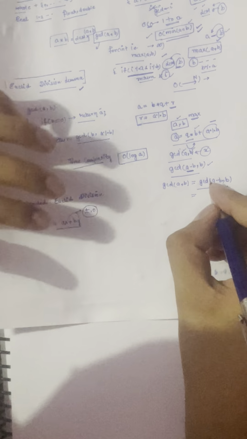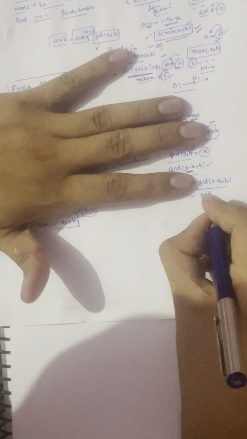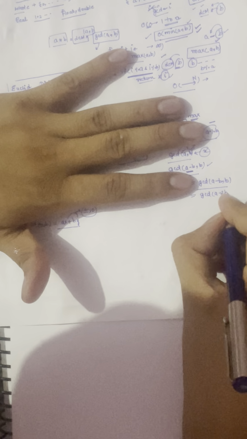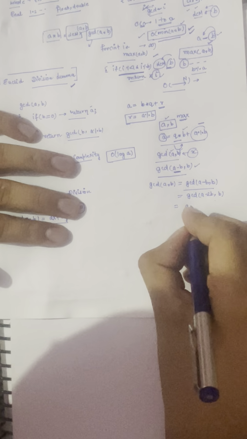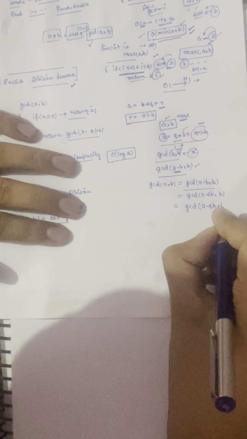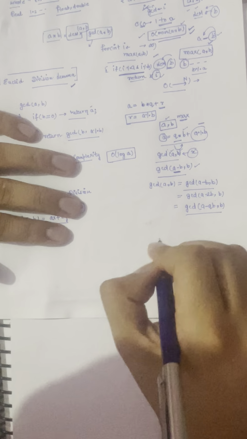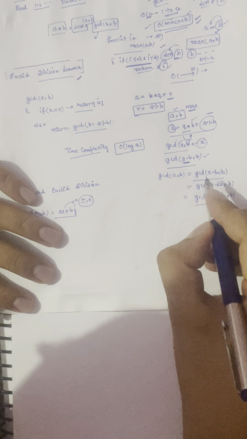which, using this term, we can write as GCD of A minus 2B, 3B, 4B, something like this. So at some time it would be GCD of A minus Q times B comma B, right? And A minus QB is what?